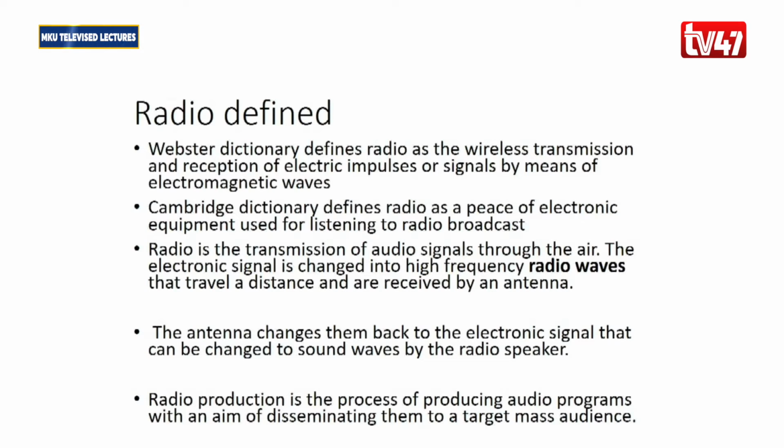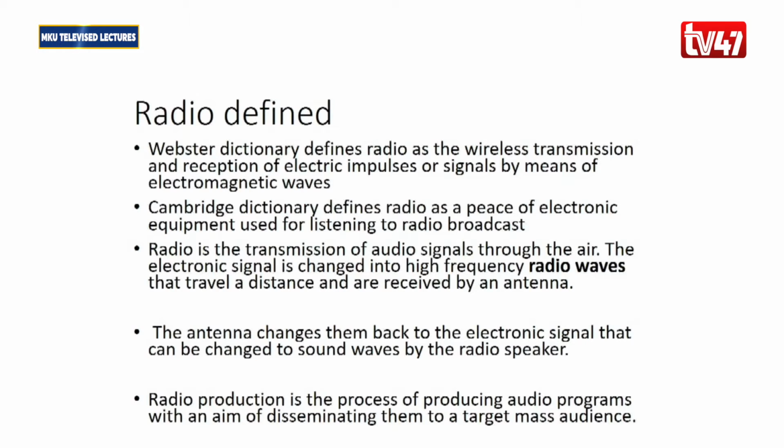Then the signal has to be transmitted, and the transmitter usually generates what we refer to as the carrier wave, and the audio signal is attached to that carrier wave that is sent within the atmosphere, and received by the antenna of our radio, which again transduces or changes that into audio that we can listen to.